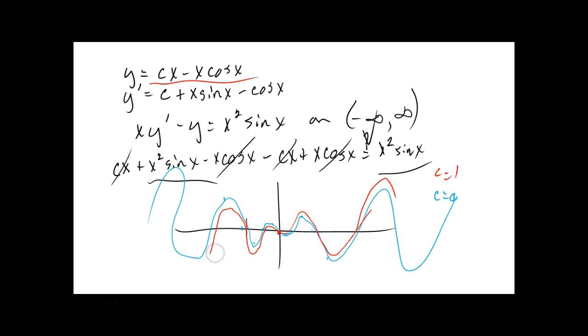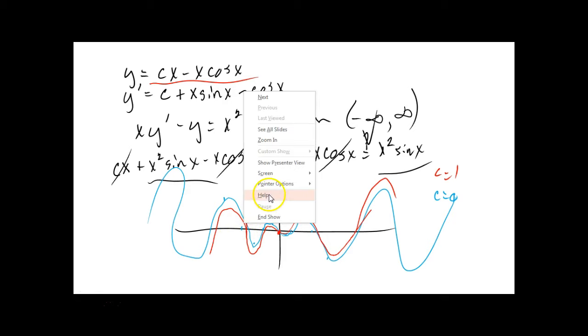So basically, what you get is your linear term in C starts elevating this way. When C is negative, it drags it that way. So with a negative C, what color was that? That was the green. So let's do the green.